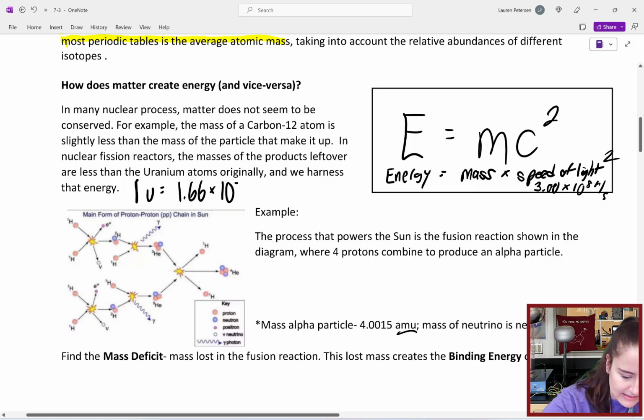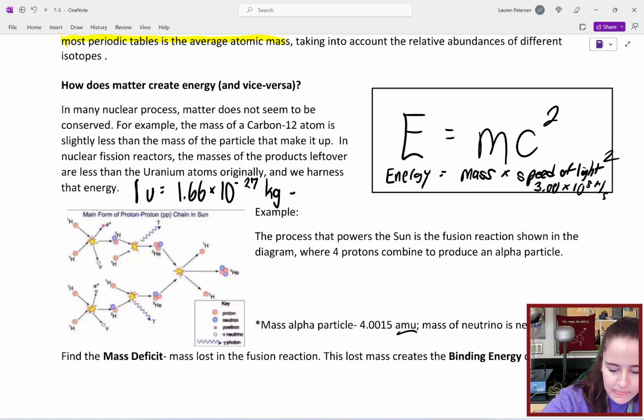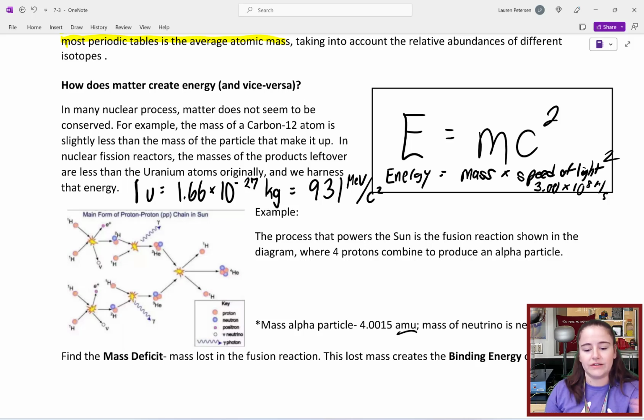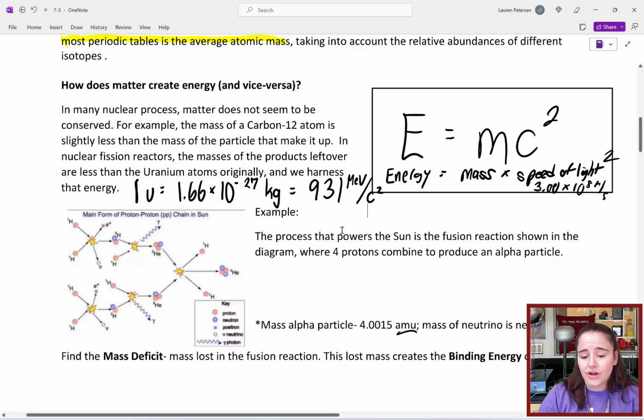So 1 U is 1.66 times 10 to the negative 27 kilograms, and when we're working in electron volts, with really, really small amounts of energy, we can just use a direct conversion of 931 mega electron volts per c squared. Note this 931 mega electron volts is energy.